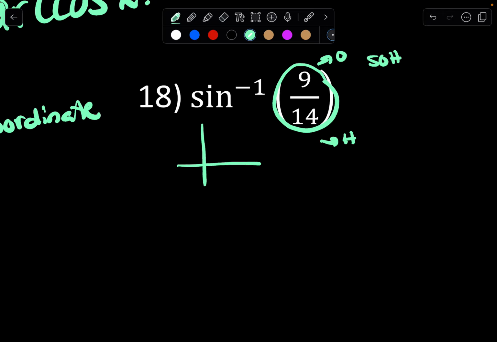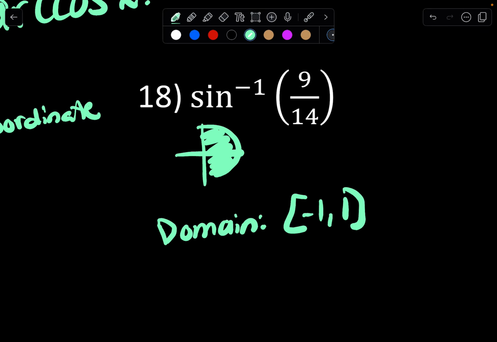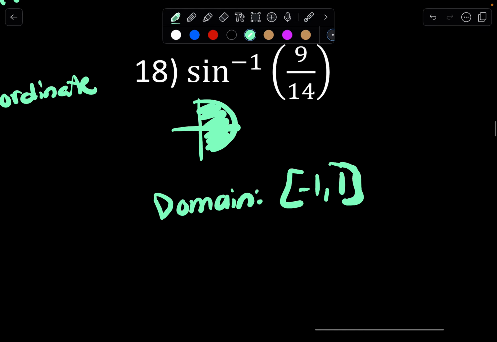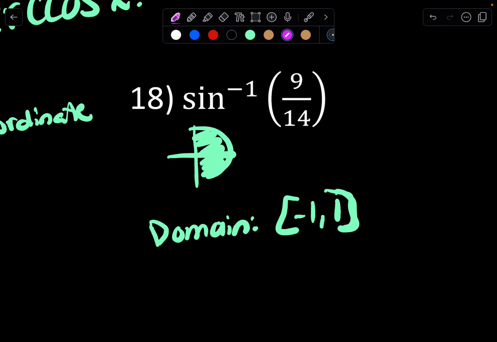Now, you would have to use Pythagorean theorem to get another part, but there's multiple things that we can do with this, but for now, just ignore that. So we are in quadrants 1 and 4 for arc sine. And the domain for arcsine is -1 to 1. So is this within the domain? Yes, because it is less than 1 and greater than 0. So we are going to end up with an angle that is in quadrant 1.